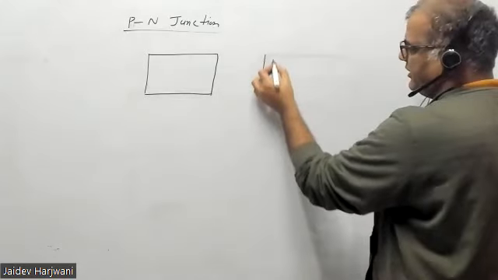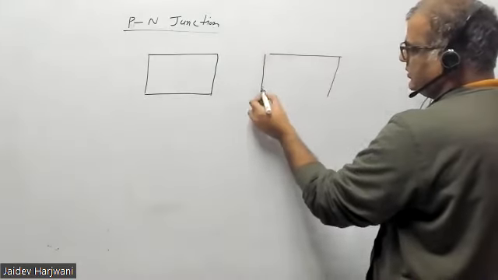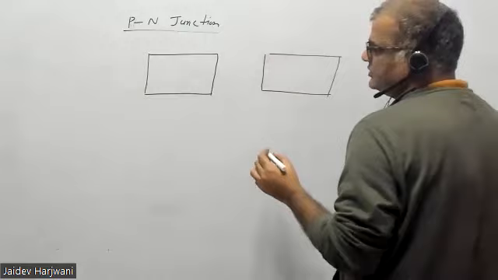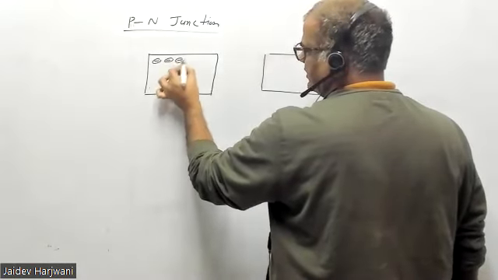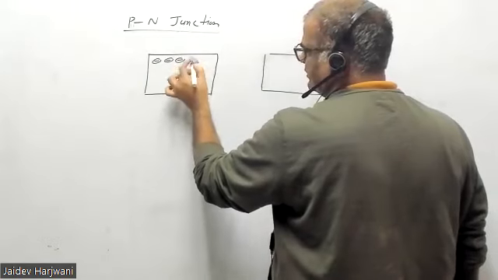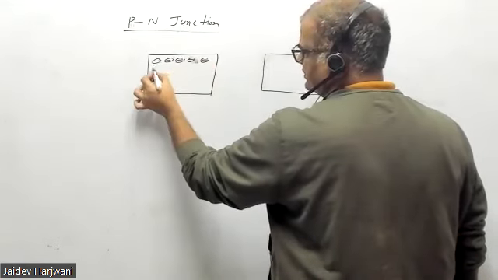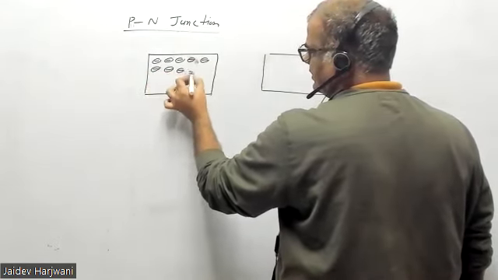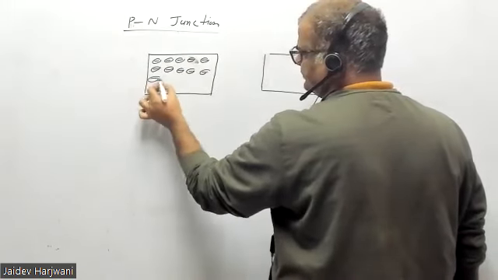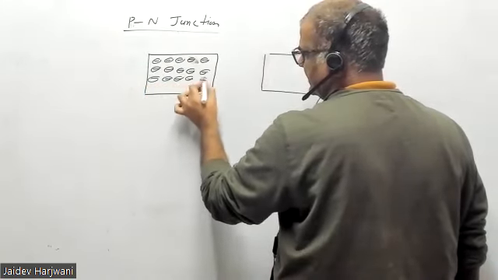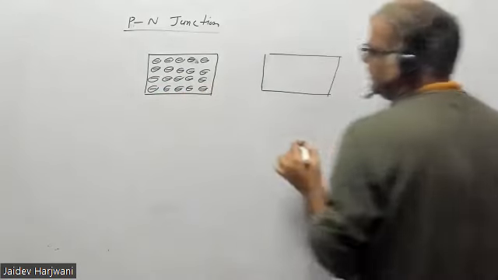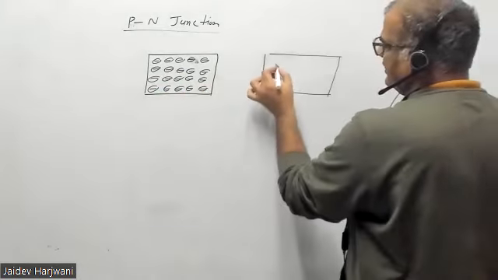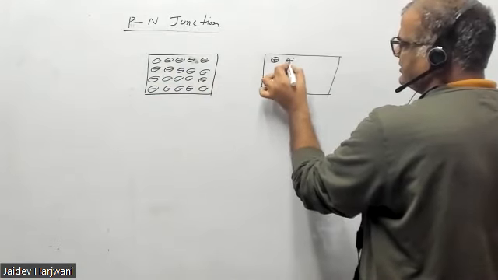This is the isolated material. Okay, so this is a p-type, that means you have electrons here. This is my p-type material, and here you have donor atoms.